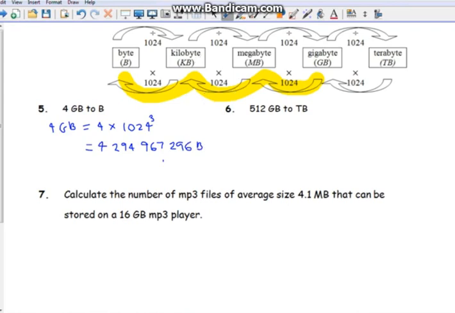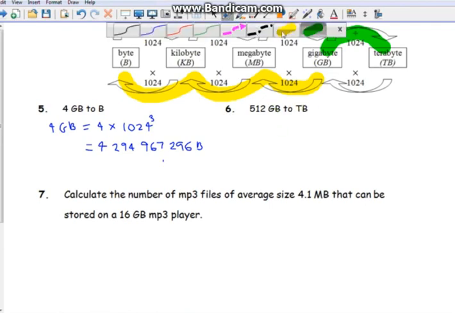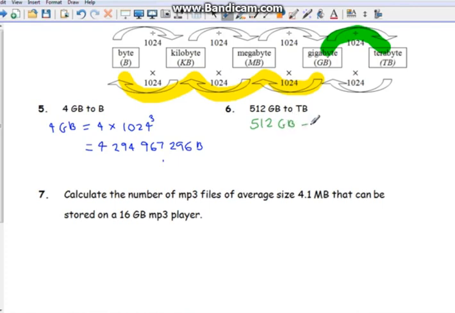Okay, so now, next example, going from gigabytes to terabytes. So once again, a terabyte is a larger unit than a gigabyte, so you are dividing. But once again, just follow those arrows. So 512 gigabytes equals how many terabytes?